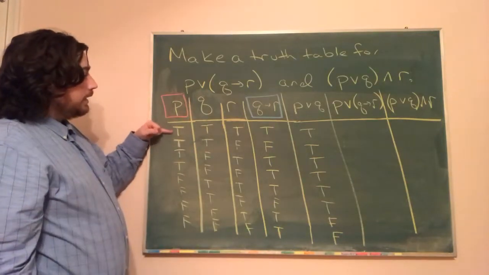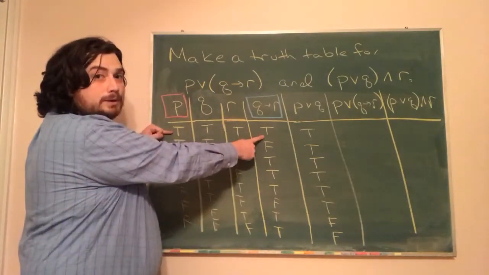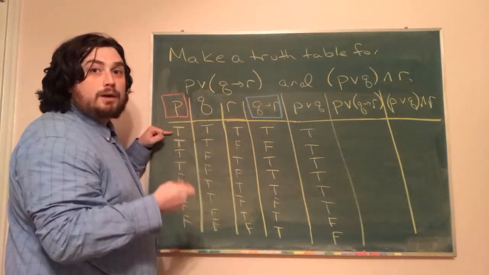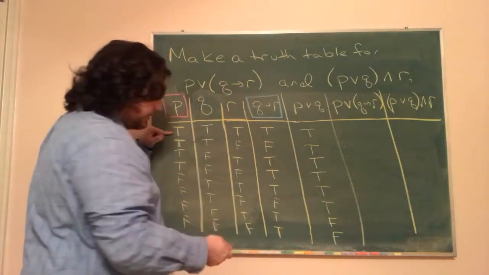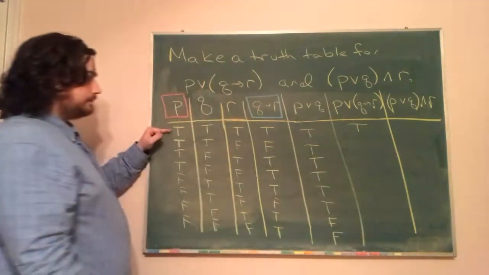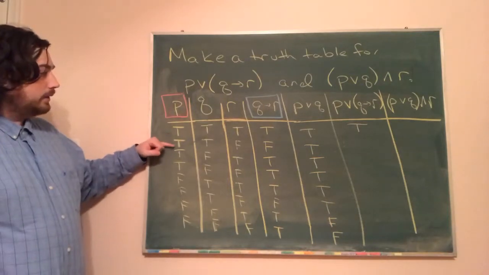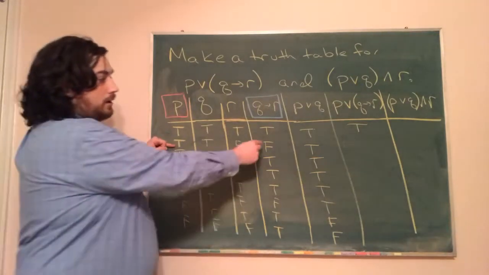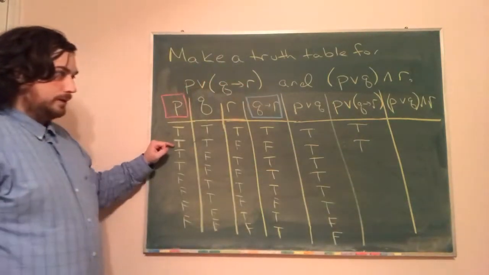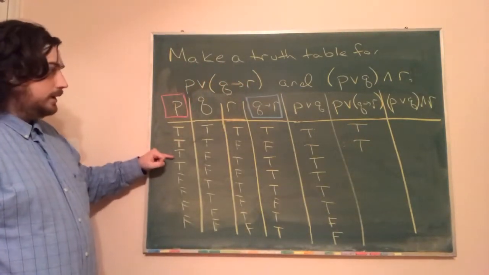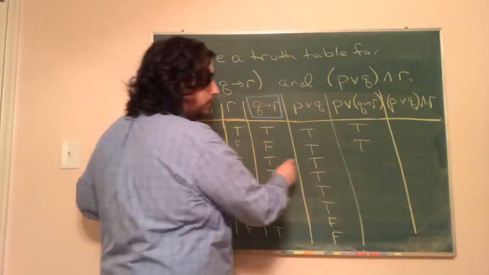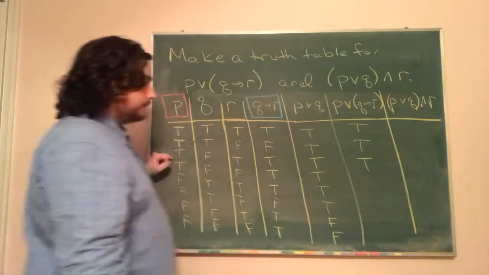So I'm going to look at the first row of both of those columns, and I'm going to get true or true. Remember that because both are true, at least one is true, so we get that the OR statement is true. If we look at the second row, we get true or false. Again, at least one is true, so we end up with true. If we look at the next row, we have true or true, which is true.